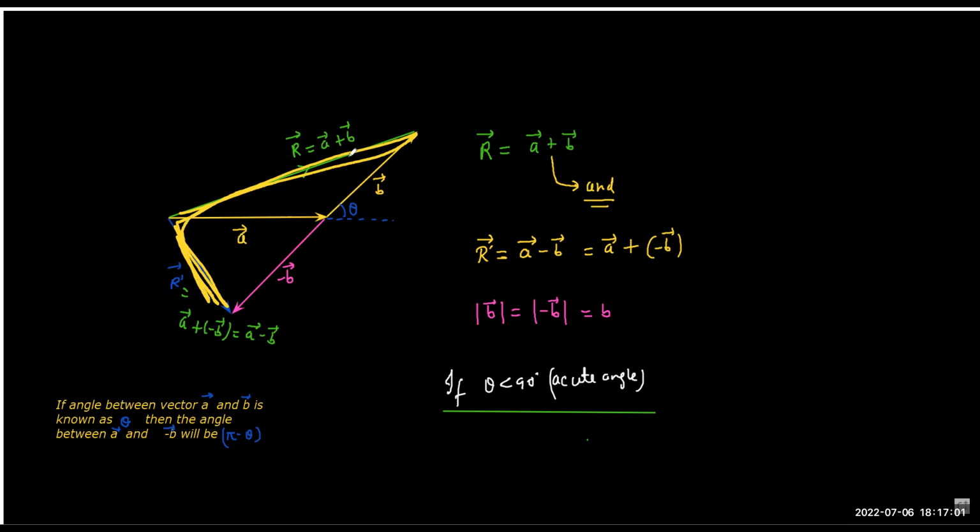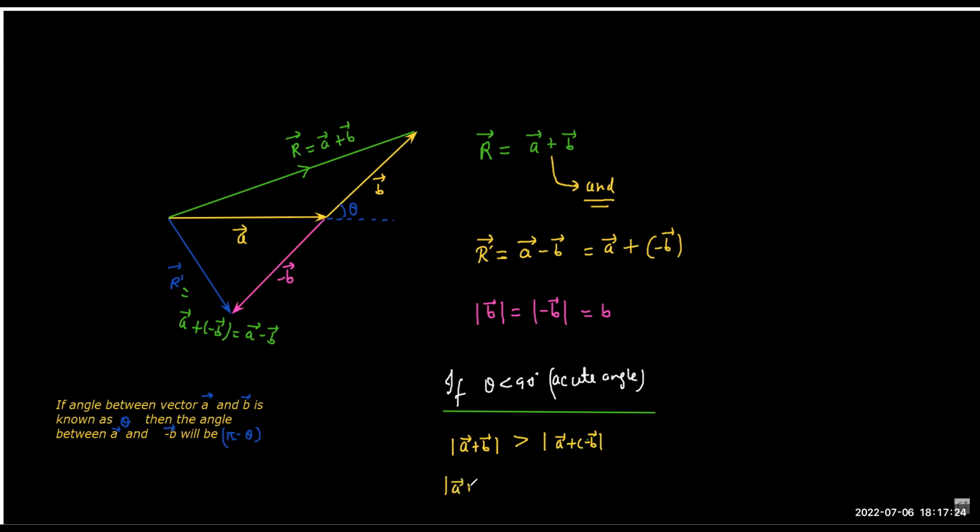But this is true when theta is an acute angle. So when theta is an acute angle, then we can say that mod of A plus B will be bigger than mod of A minus B.